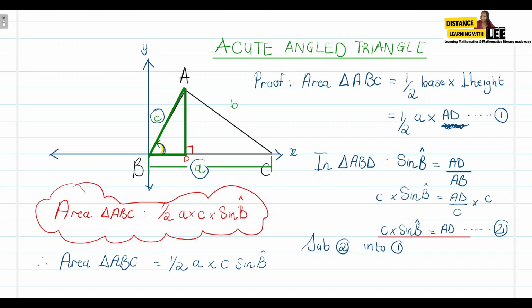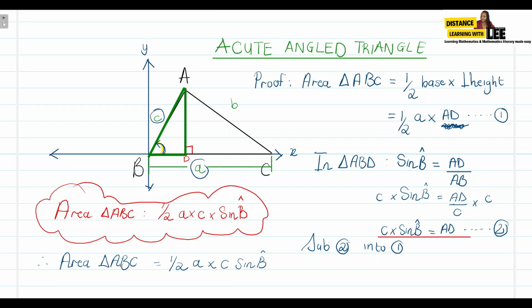In this case, sine of B, because we already know that the area rule has sine of the angle between two known sides. So the sine of our angle B is your opposite side, which is AD, over your hypotenuse, which is AB, and this hypotenuse can be written as C.